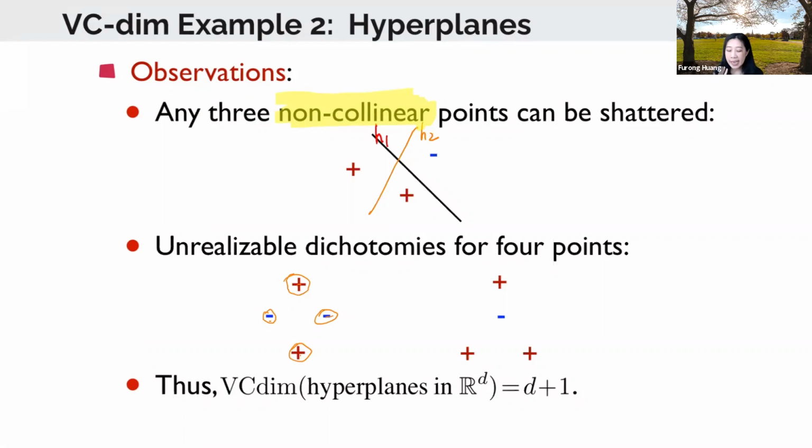It's about you cannot find any 4 points that can be shattered by H. It's hard to show that it's unrealizable because you cannot prove it by enumerating all possible arrangements of 4 points.